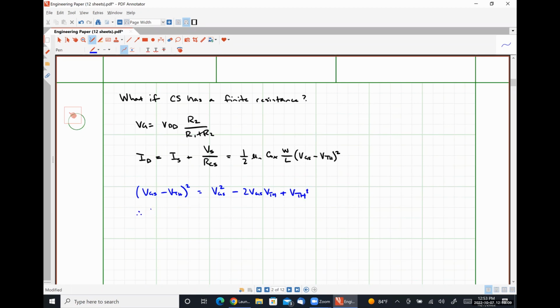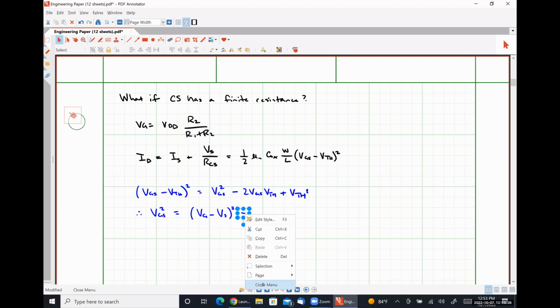And from that, we could see that VGS quantity squared is equal to VG minus VS quantity squared by definition.